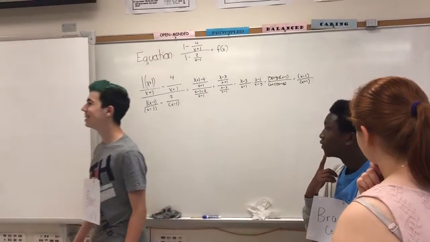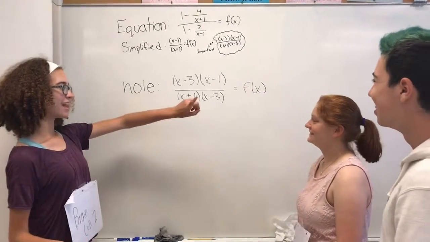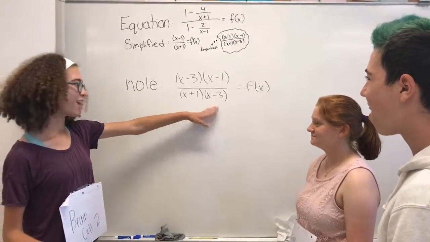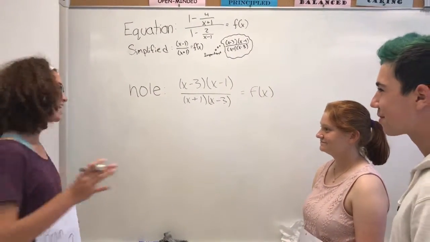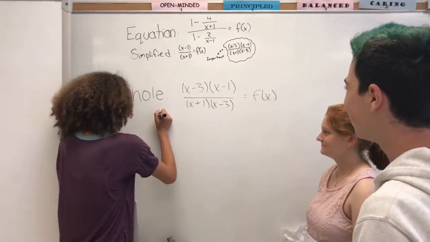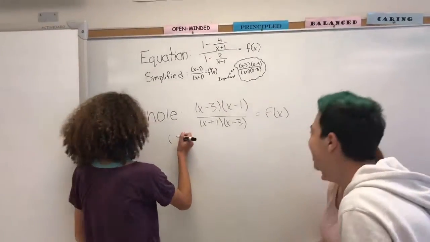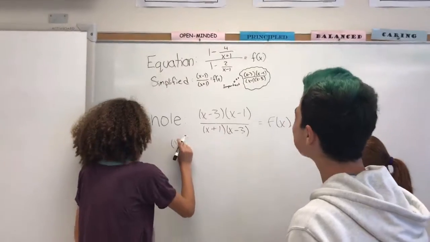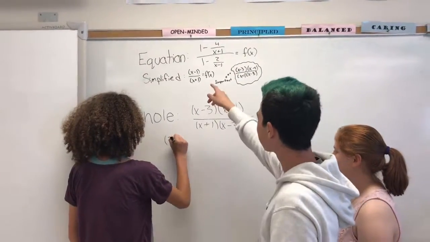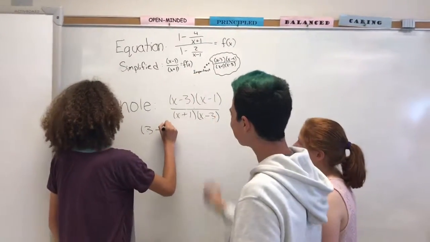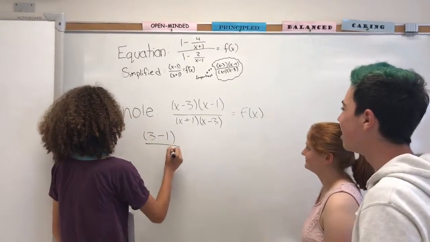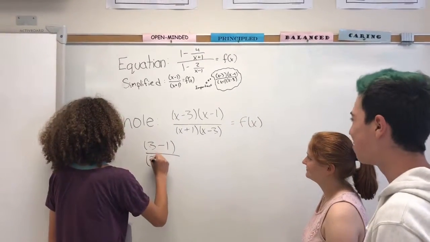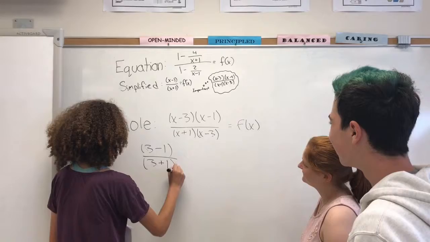So now we know that there's a point where x cannot equal 3. So we need to find that. You know x is 3, so then we plug in 3 to the final simplified equation to find the final y.